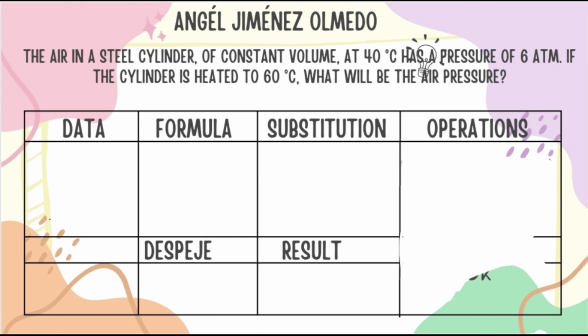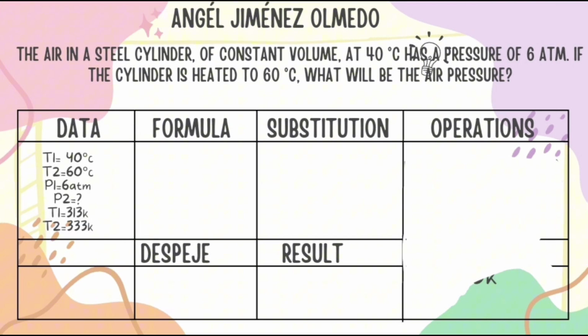Now we will collect the data: initial temperature of 40 degrees, final temperature of 60 degrees, initial pressure of 6 atm.